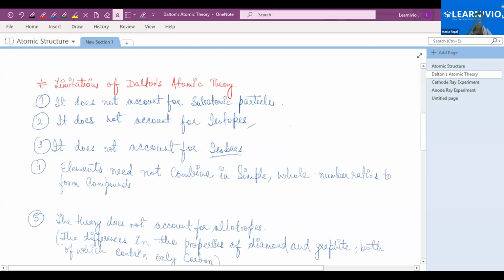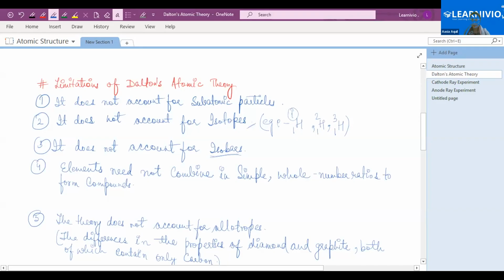Okay, let's see some examples, like when we talk about the isotopes of hydrogen. I'm writing H1, this is hydrogen, this is H2, deuterium, and this is H3, tritium, right? So these are the isotopes of hydrogen, means for isotopes you can see the atomic number is same for all of these, but the atomic mass is different, right?